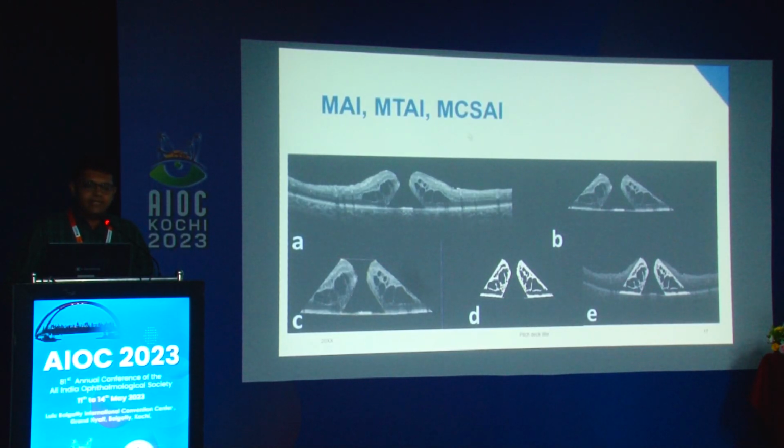The CSAI is the cystoid space area index, and this is something we calculated using the ImageJ algorithm, where we had the full thickness macular hole, from which we create a trapezoid area. That is the area considered as the total area involved on the OCT. The dotted line shown calculates the area within the macular hole itself.